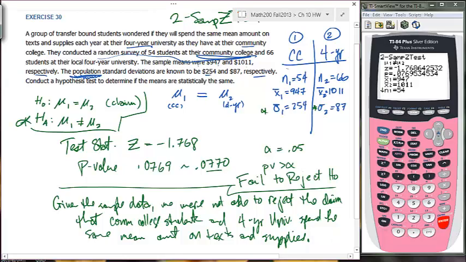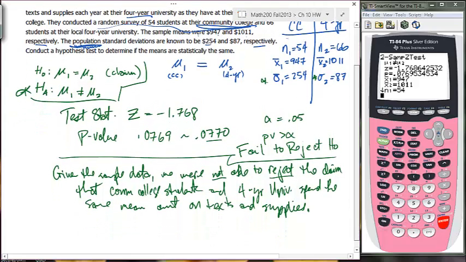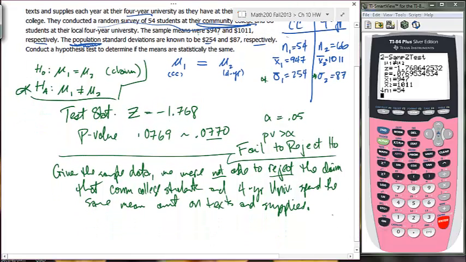We want to be careful here that just because we did not reject the claim, we would not actually accept it. Some people like to say that, but remember that this test is actually a test to reject the null hypothesis. If we didn't reject it, it does not necessarily mean we accept the claim. We can probably go into further statistical testing to actually prove that they're significantly the same. But in terms of this particular hypothesis test, all we were able to say is that we were not able to reject it.